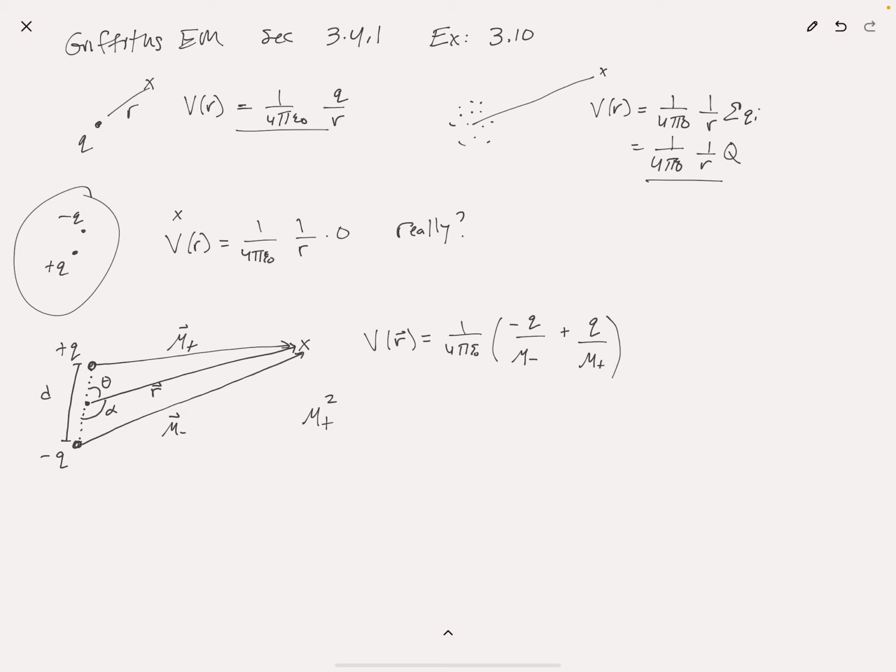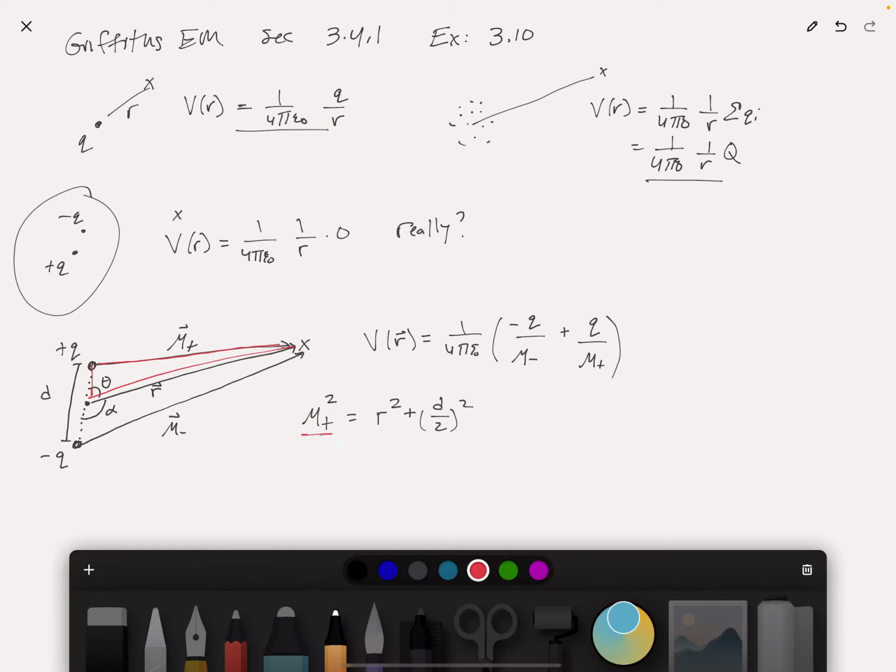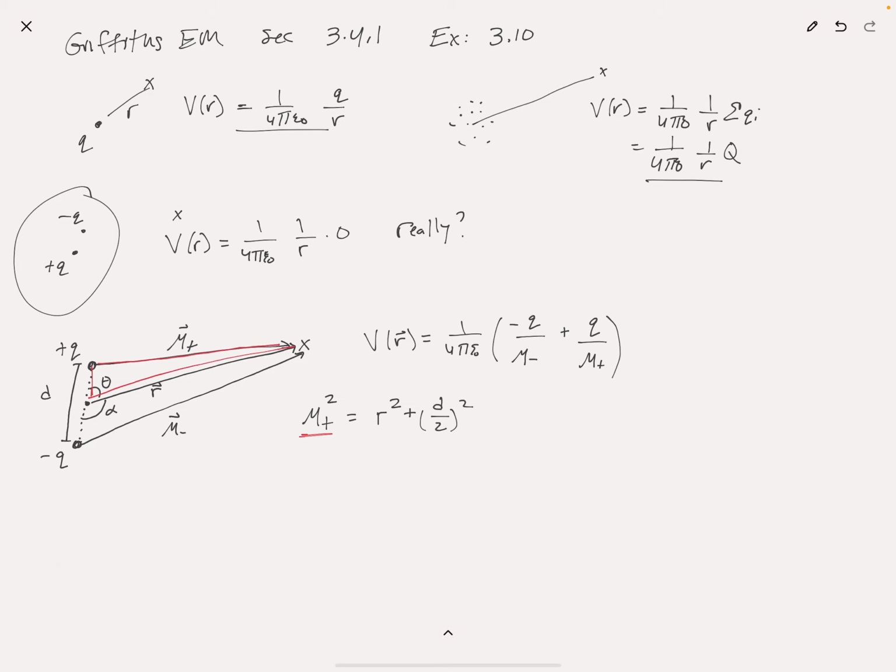Script r plus squared is going to be equal to the two sides of our triangle, so r squared plus d over 2 squared. I'll highlight this in red just to make sure we're all good. That's the triangle we're using right here to calculate that. Minus 2 times d over 2 times r cosine of the angle.